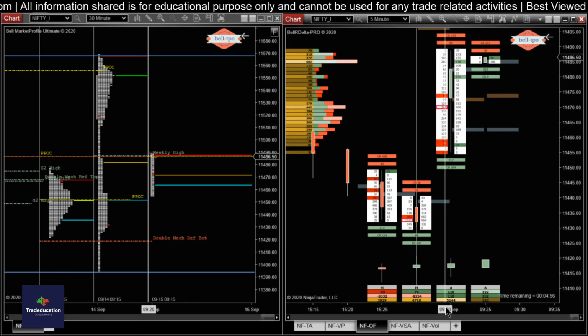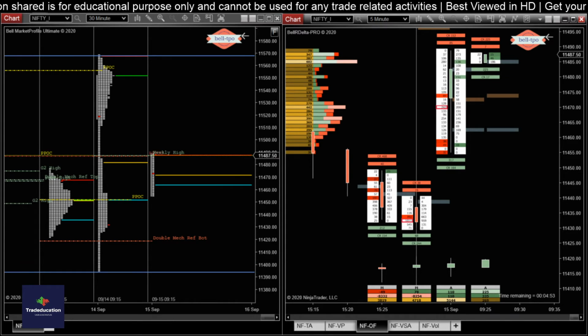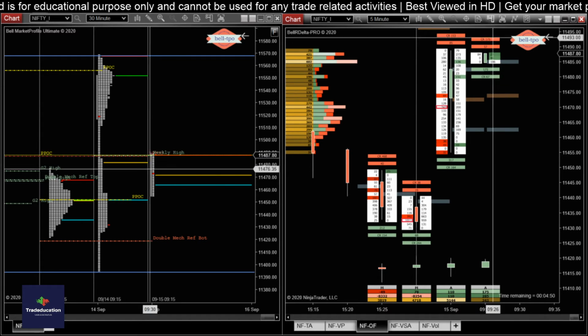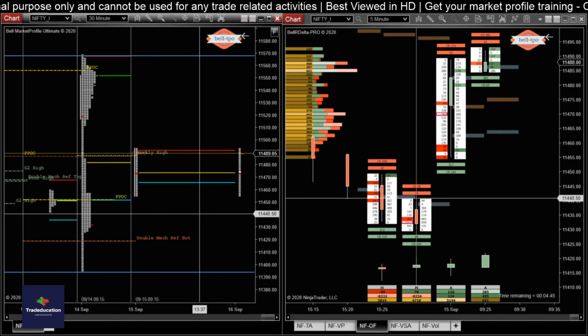So 5000 contracts traded in the first 5 minutes. Again, these are momentum buyers who are coming in and they will be taking the auction higher.